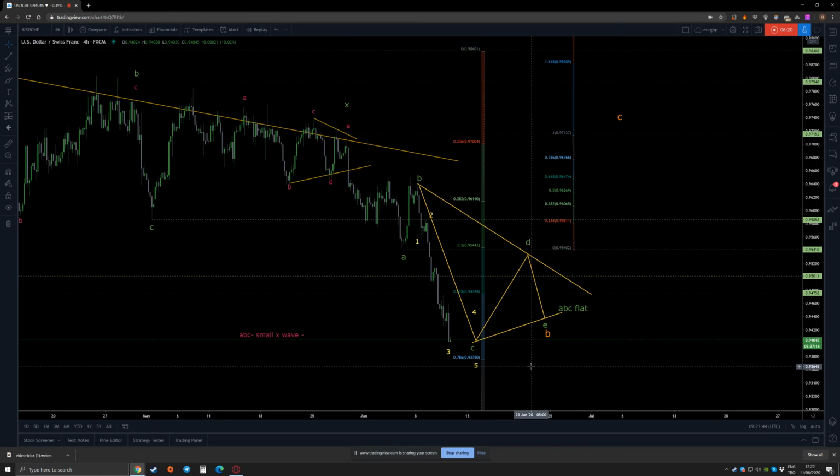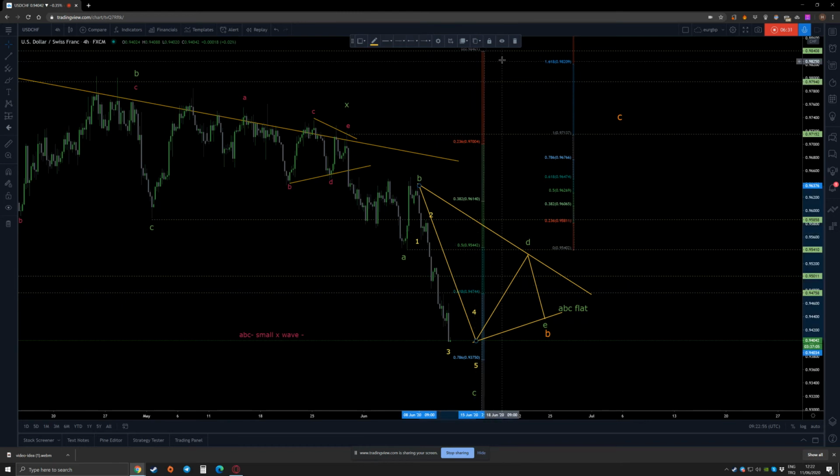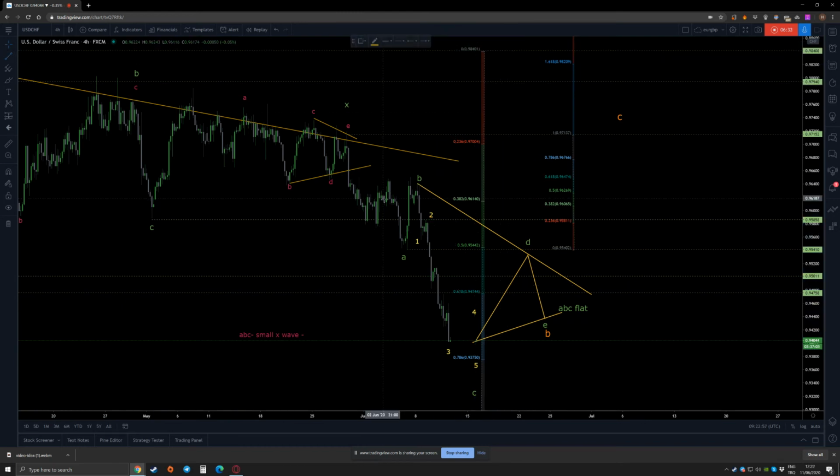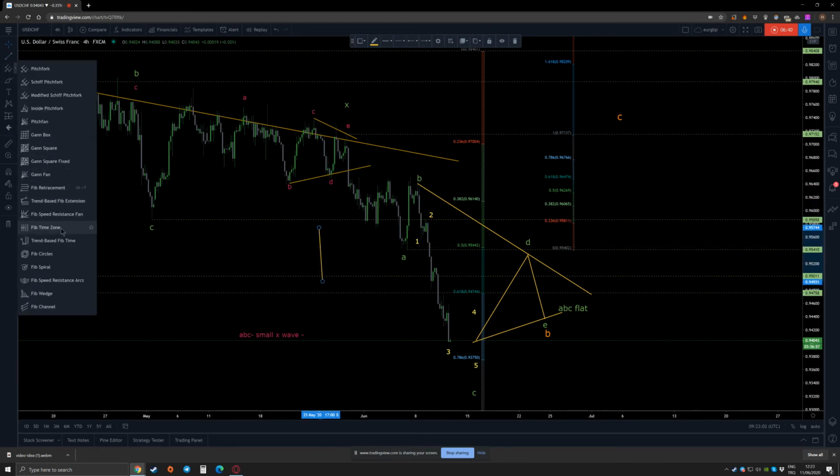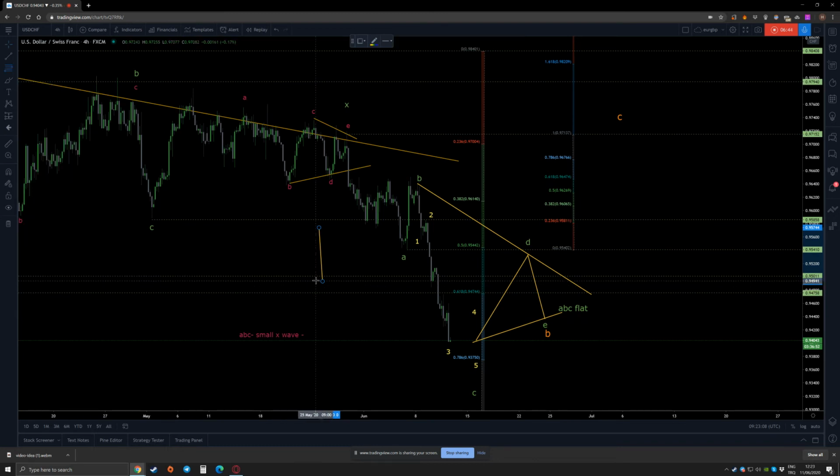The only thing that will change is, for example, the C wave can be done so much lower. Now that I cannot know, because if it's an impulsive move, what you should do is take this and 161.8 out of it. So let's do that. So where is this retracement?